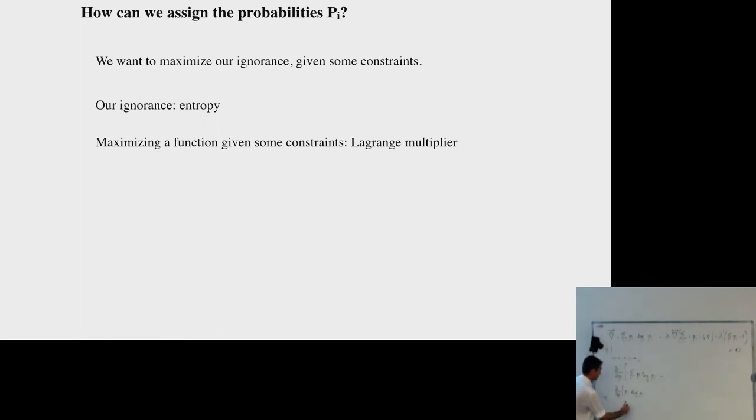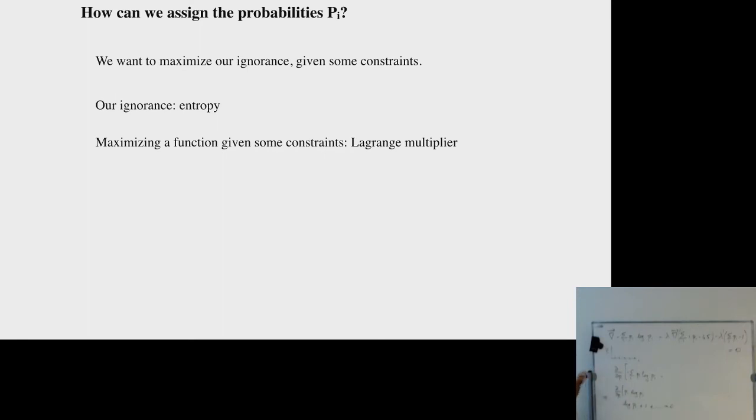I'm going to have log pi plus, the derivative of this is 1 over pi, so I'll get 1. And I'm going to have some other terms equals 0. In the other terms, what I have is the constraints.